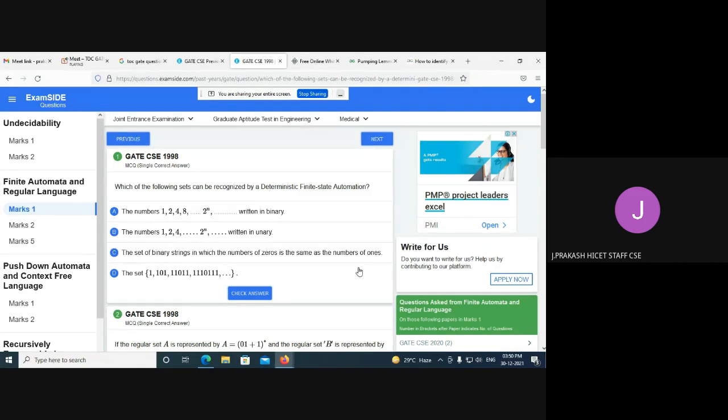Can be recognized. அதாவது நம்ம கொடுக்குற இன்புட் வந்து எது ஃபைனட் ஆட்டோமேட்டா ரெக்கக்னைஸ் பண்ணுமா பண்ணாதான்னு கேட்டிருக்காங்க. Any guess?